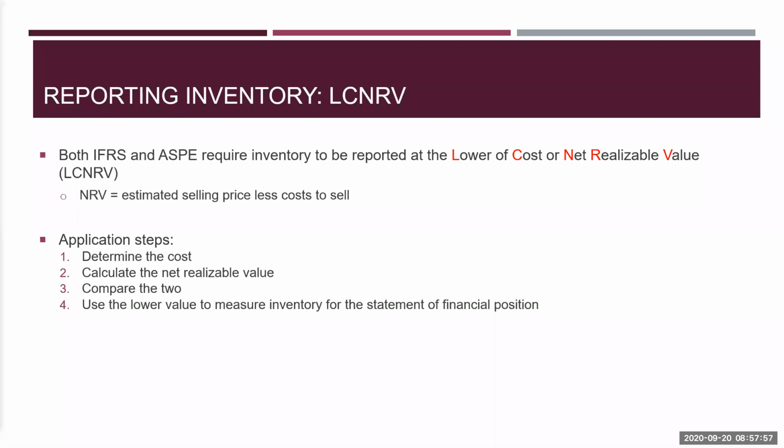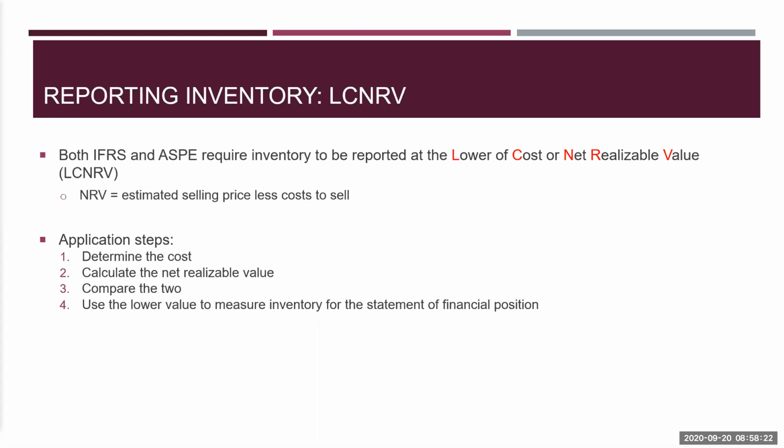There are two comparing items. One is the cost, which is what your inventory is sitting at right now. The other is your net realizable value, which is your estimated selling price minus your cost to sell. So what is the net I would get if I were to sell these items today?